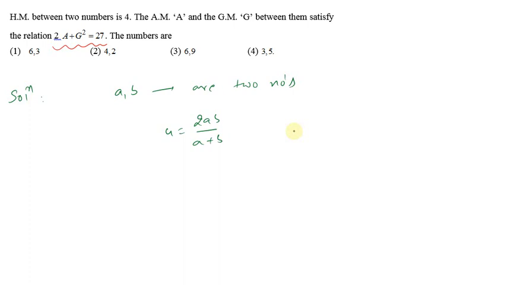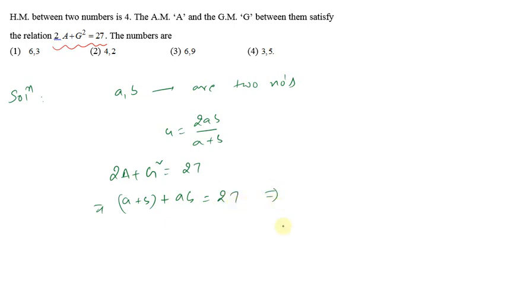The arithmetic mean is given as a, the geometric mean is g. Now 2a plus g square is equal to 27. The arithmetic mean of two numbers a and b is a plus b by 2. 2 into a plus b by 2 is nothing but a plus b. So a plus b plus g square, and g square is nothing but ab, since g is equal to the square root of ab, the geometric mean, is equal to 27.